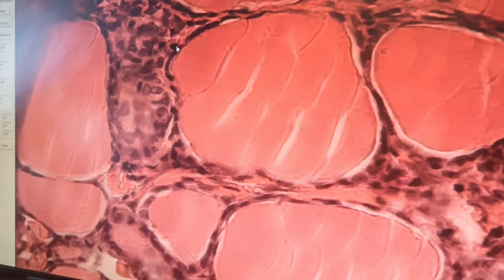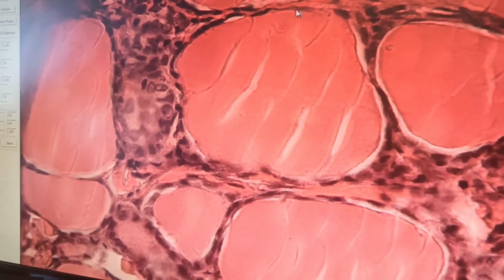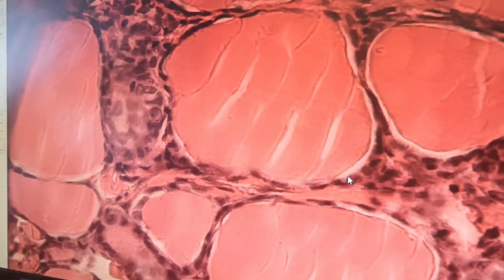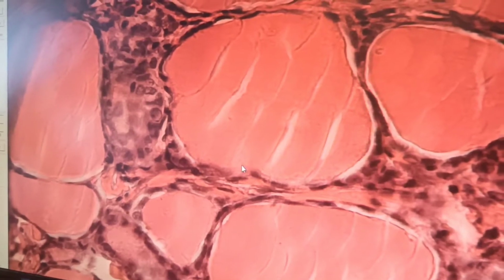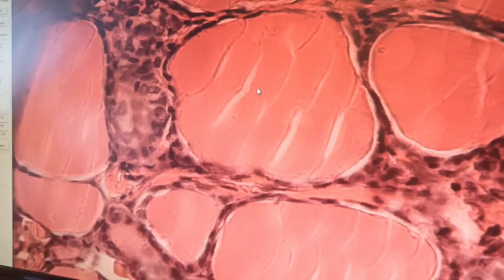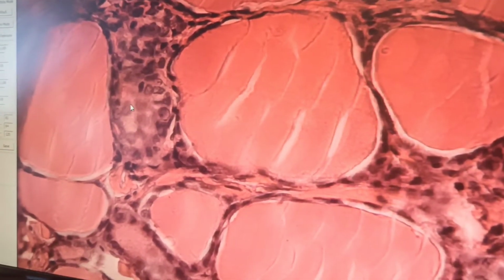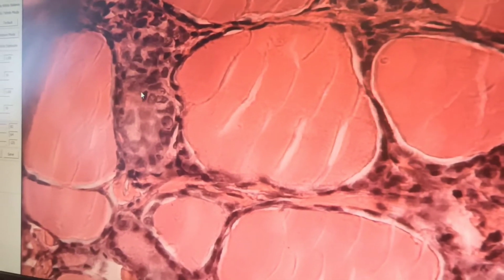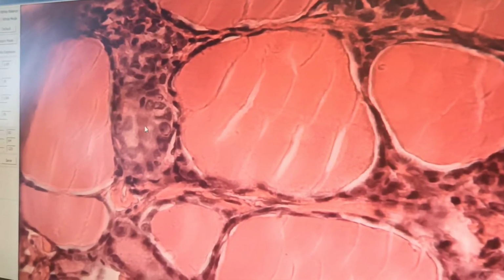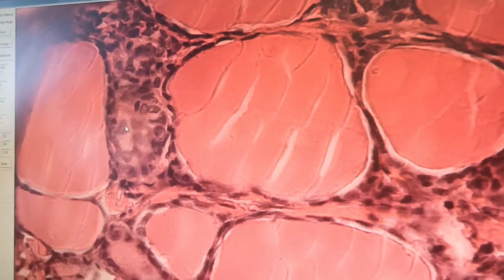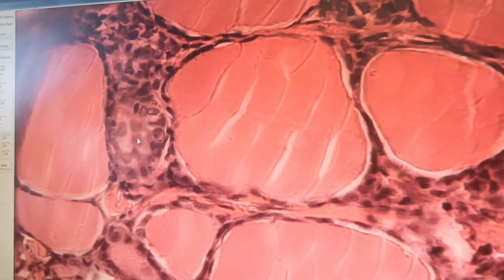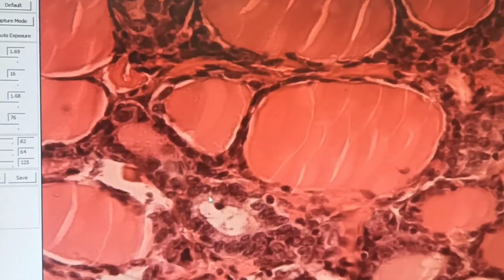Each section is lined with simple cuboidal cells, the follicular cells. And between every follicle, we have other cells called parafollicular cells. This is all about the thyroid.